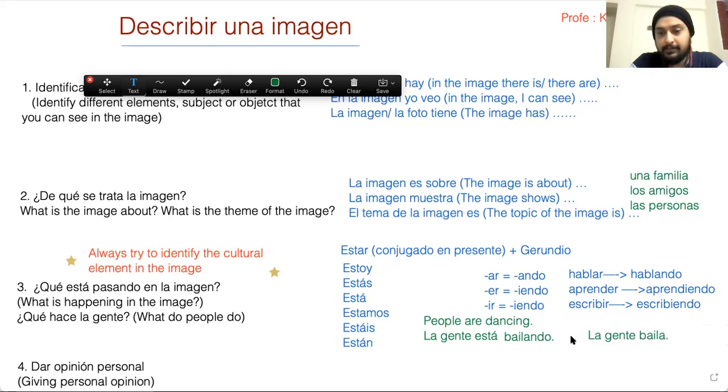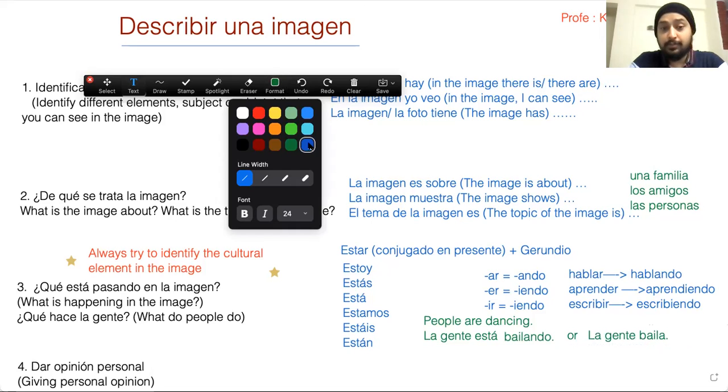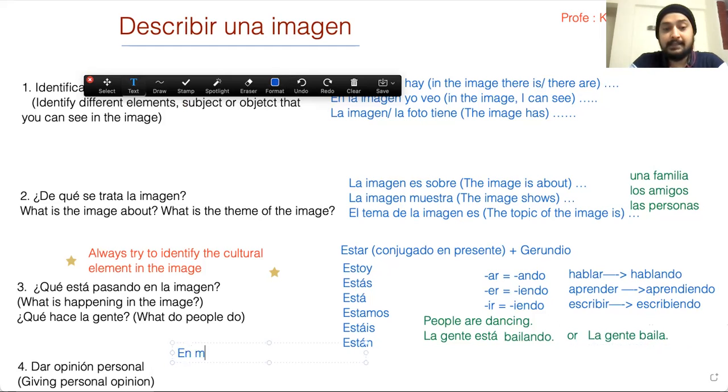Okay. So this was the third part. And giving your personal opinion. And how can we give our personal opinion? Using these sentences. En mi opinión, in my opinion, yo pienso que, I think that, yo creo que, I believe that.